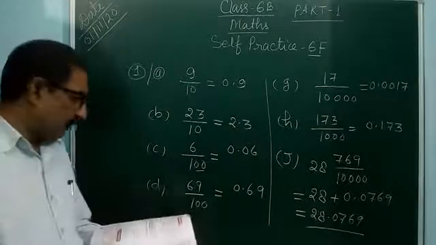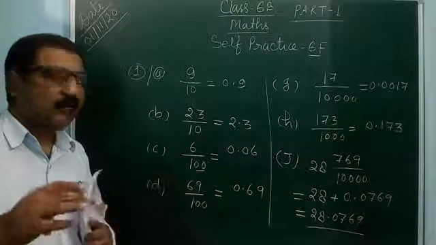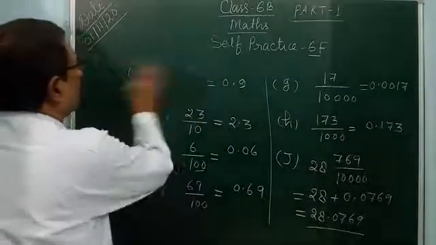After that, question number second A. It is also very easy, but denominator has not 0. You can do like that.